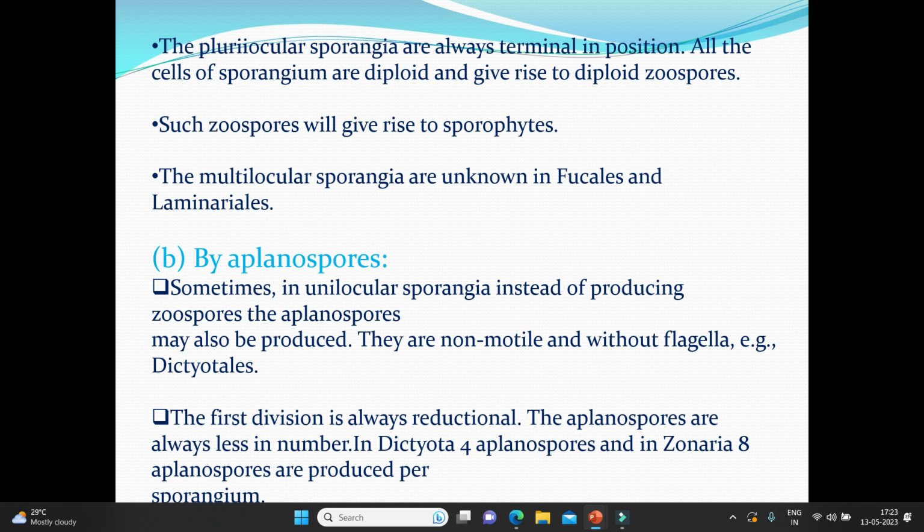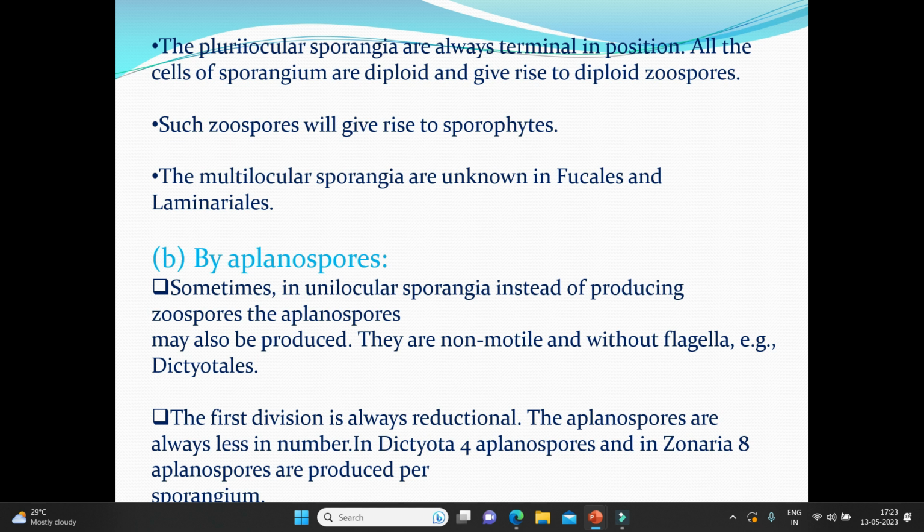All the cells of the sporangia are diploid and give rise to diploid zoospores, which give rise to sporophytes. Fucales are also one of the orders of brown algae.